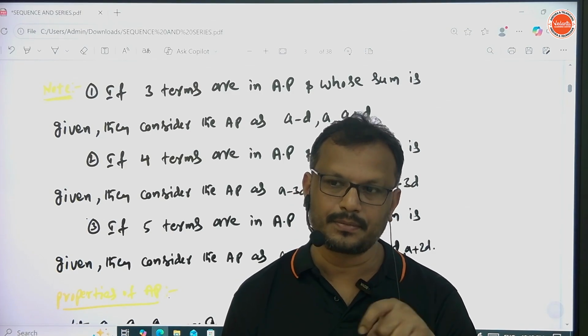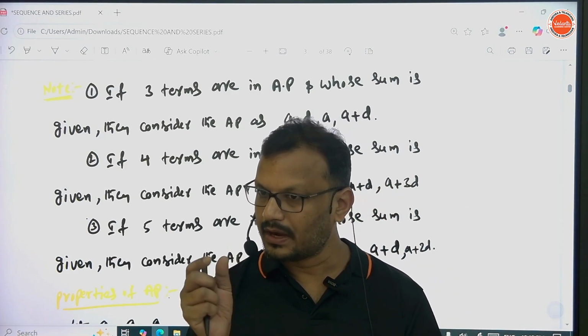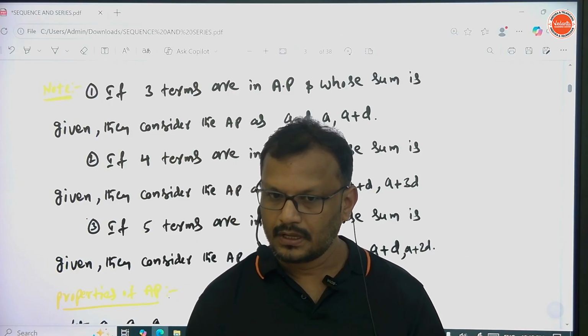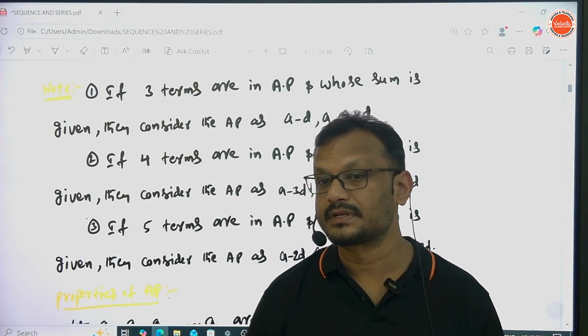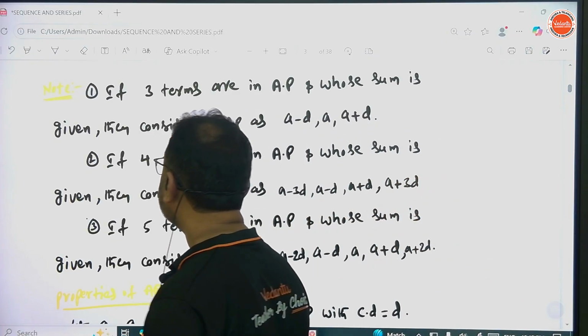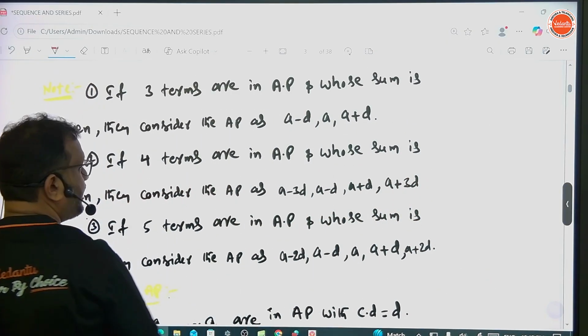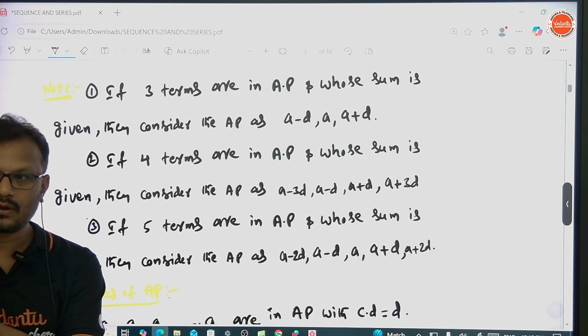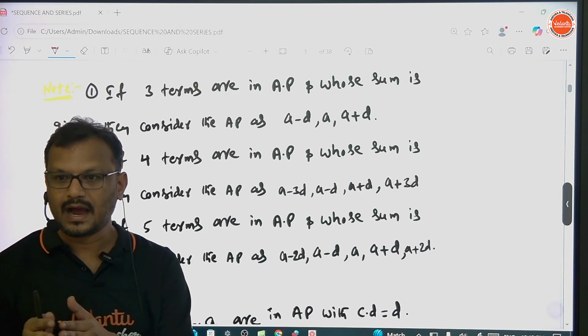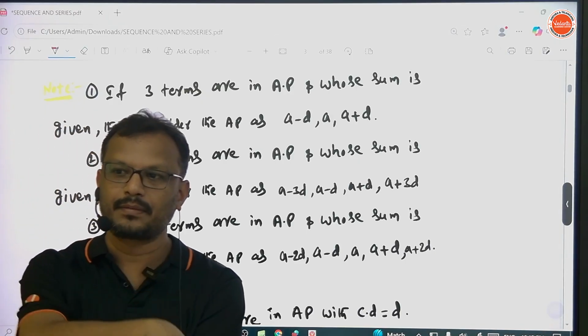Even if you subtract some constant from all the terms, it will be AP only, but the common difference will change. If you add some constant, the common difference will be the same, because the same number is added to all the terms. When you subtract, that same number will be deleted.